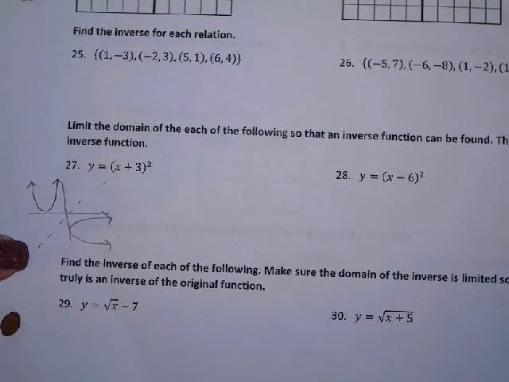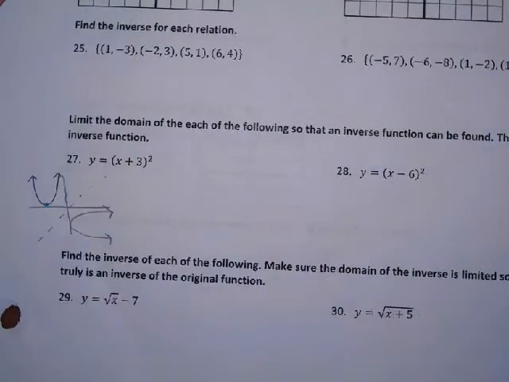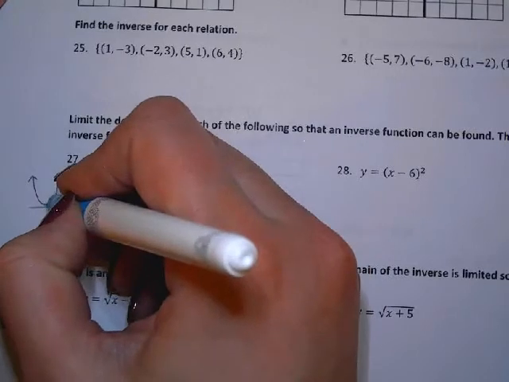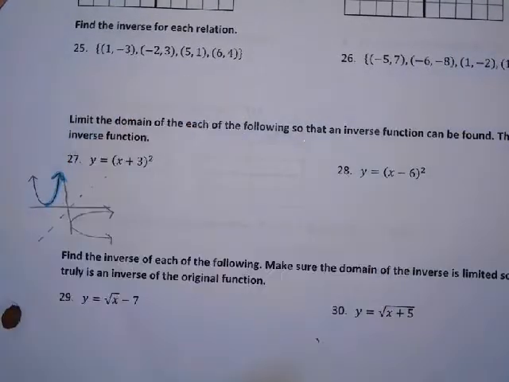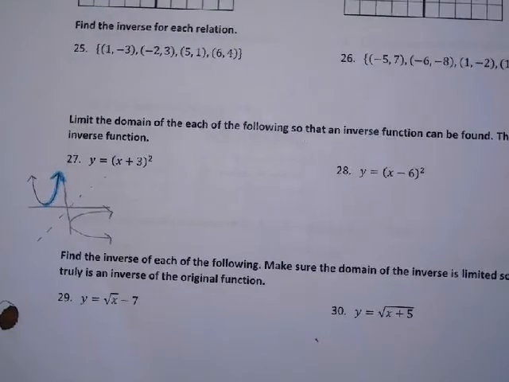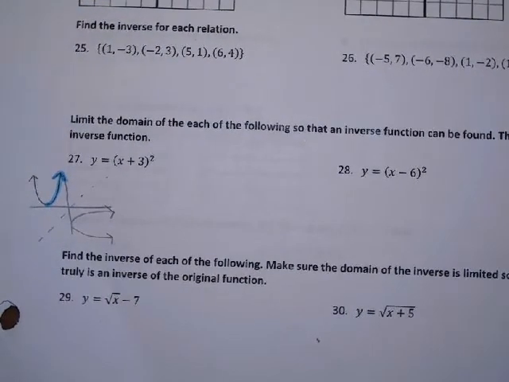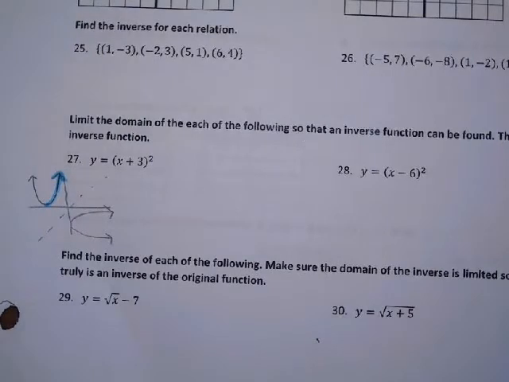Okay, so if I keep the right side, that means I'm starting at the vertex and going towards the right. Okay? So what's the domain? The domain of the original function is negative infinity to positive infinity. But when I cut it in half and I only keep the right side, what am I keeping? Negative 3 to infinity. Okay?